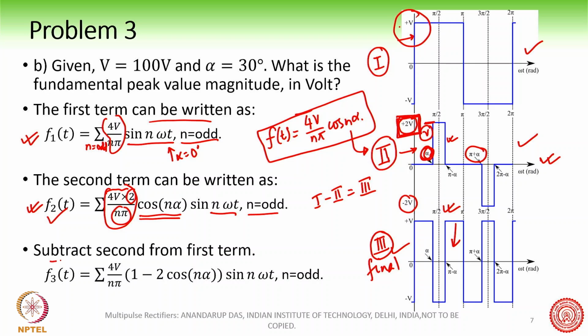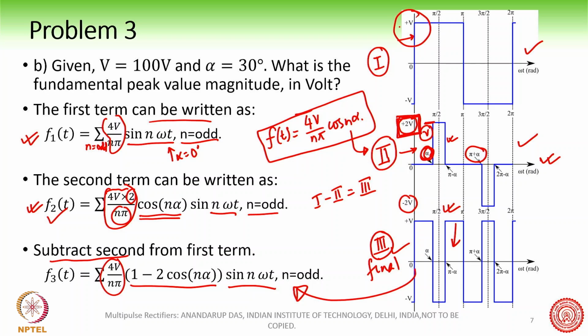And then we subtract the second from the first. So what do I get? 4v by n pi times (1 minus 2 cos n alpha) sin n omega t. So this is the expression for this waveform. Of course, you can get it in other ways by doing integration and finding the values at all points on this waveform, but this is an easier way of doing things.